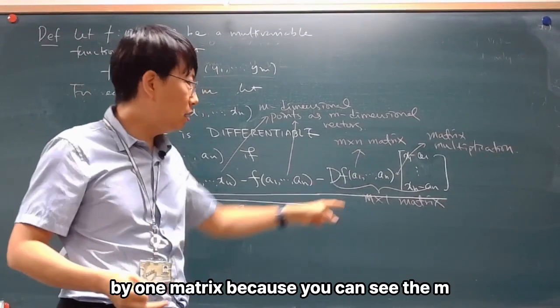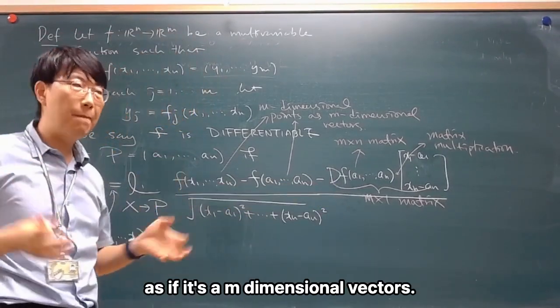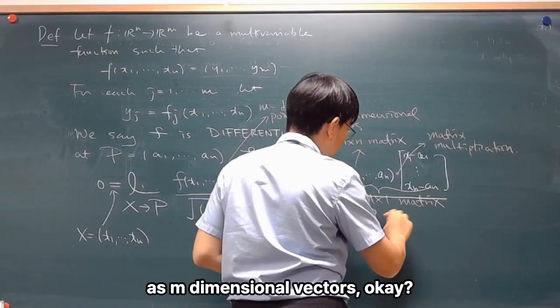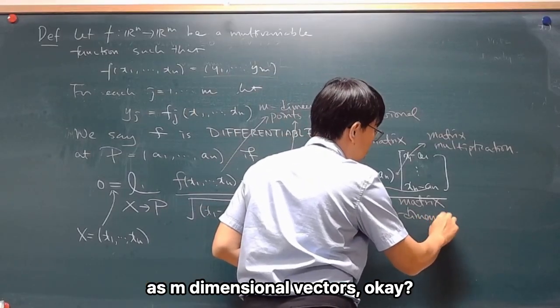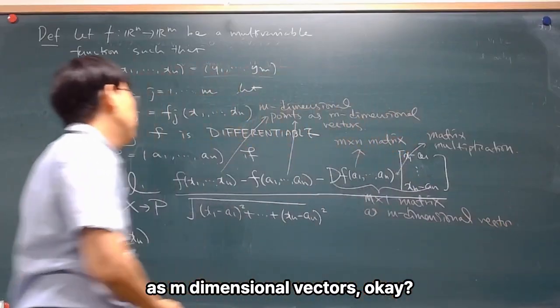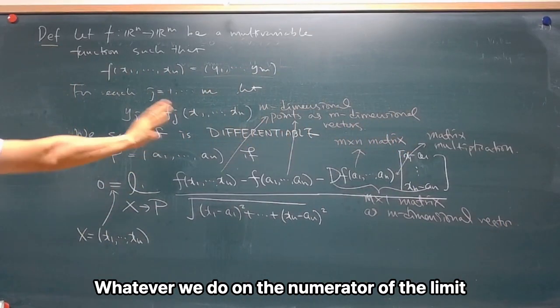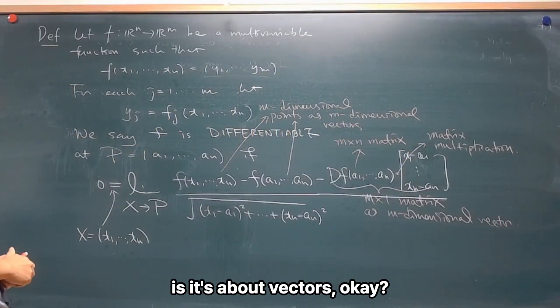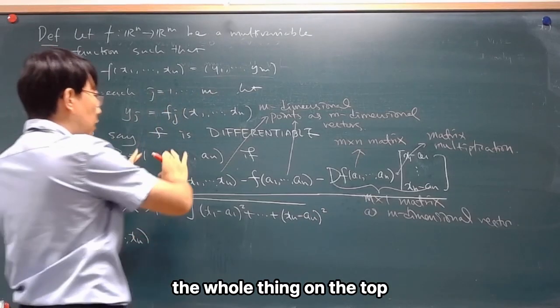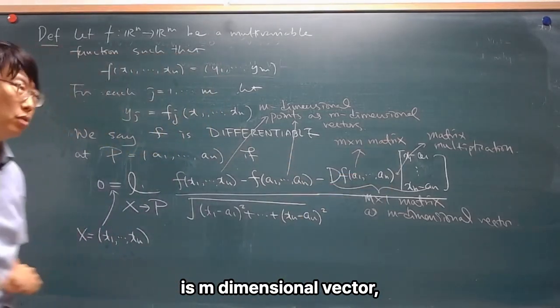Because you can see the m by 1 matrix as if it's an m-dimensional vector. So we see the m by 1 matrix as an m-dimensional vector. Okay? So now it makes sense. Whatever we do in the numerator of the limit is about vectors. So the whole thing on the top is an m-dimensional vector.